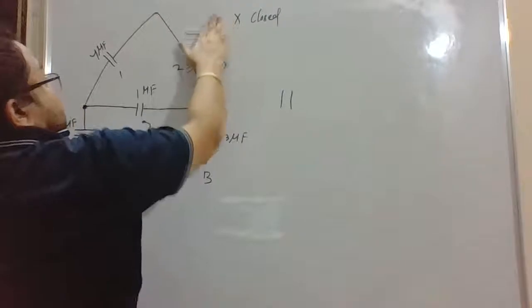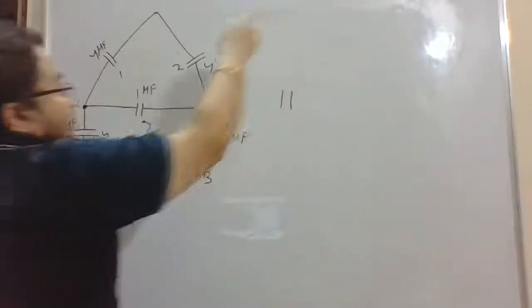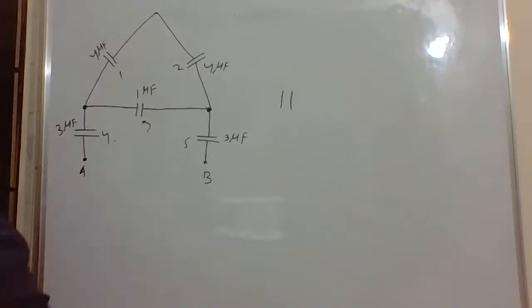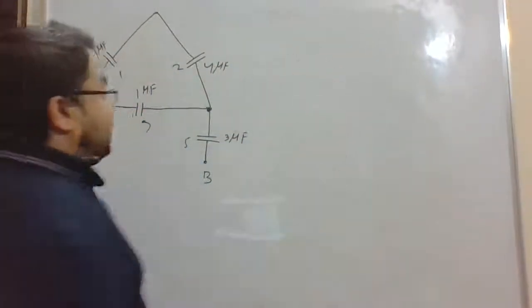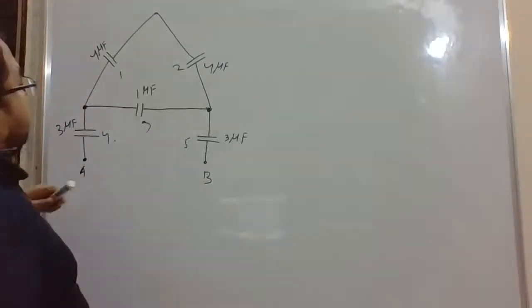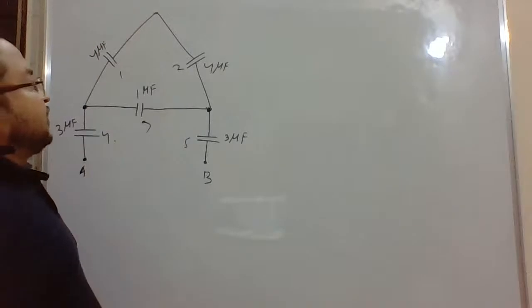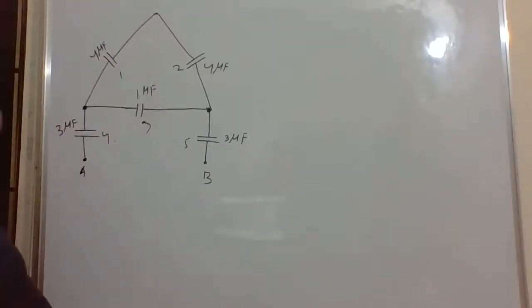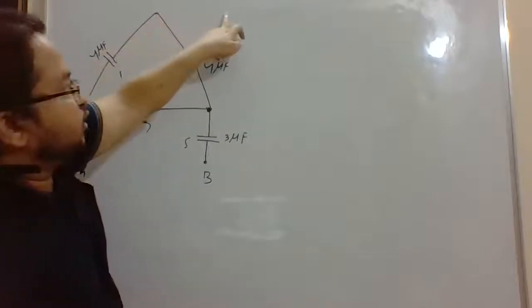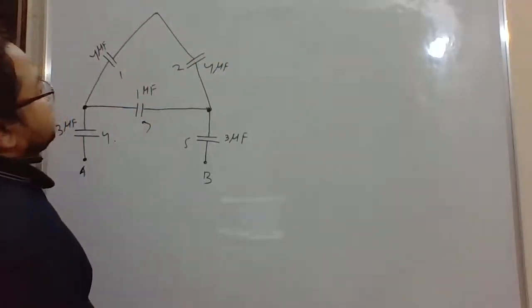Once you remove it, this becomes the same as your previous problem. So you can take it down as practice problem number two, where we connected one external capacitor here, and were trying to see what is the equivalent capacitance. The answer is that as it is not a closed loop, we can remove it and nothing changes.